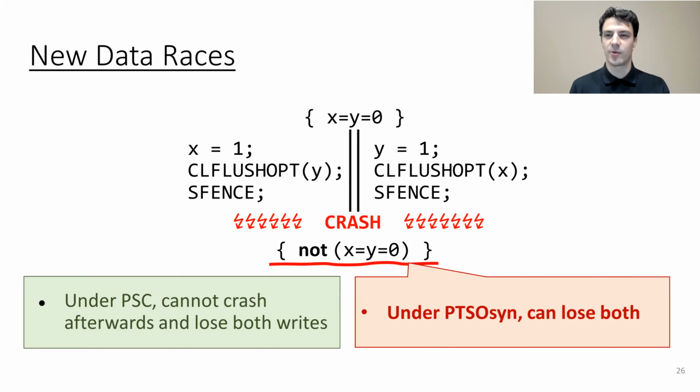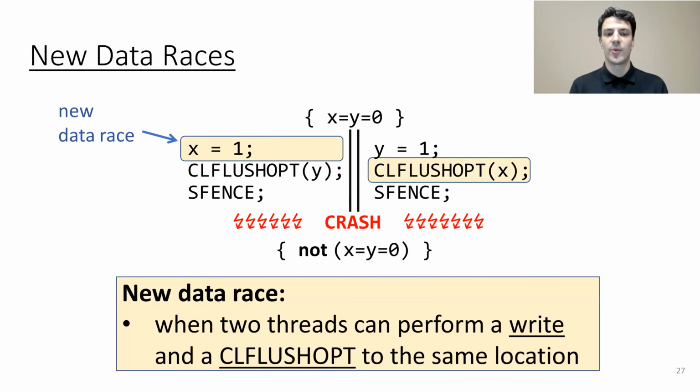So we need to identify what is the problematic pattern here and rule it out as a data race. So for this reason, we say that in addition to conventional data races, we will care about situations when two threads can perform a write and a CO flush opt to the same location. So if we rule out programs with such data races, then that will help to push through the data race freedom theorem.